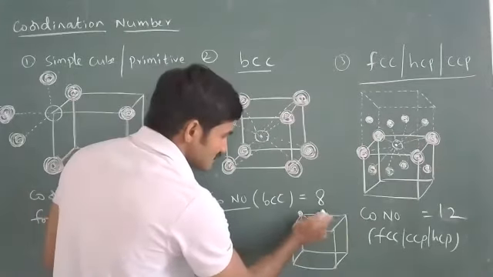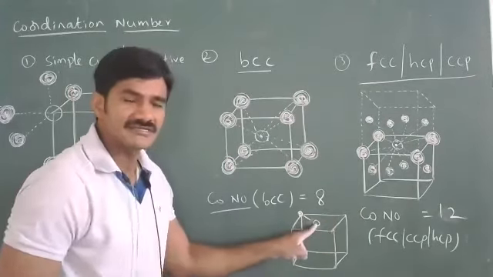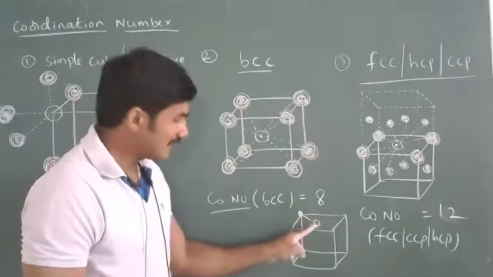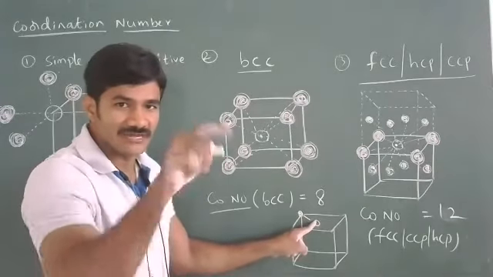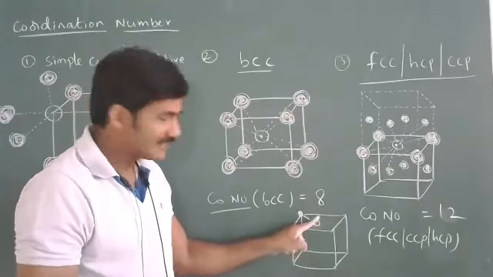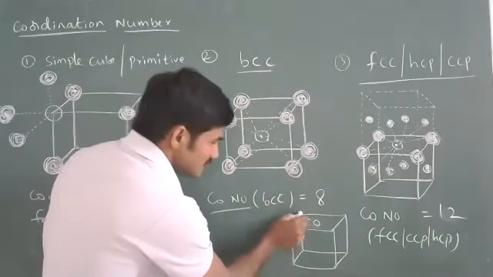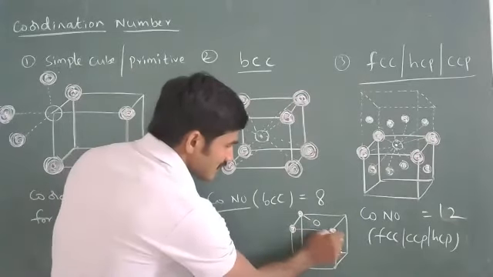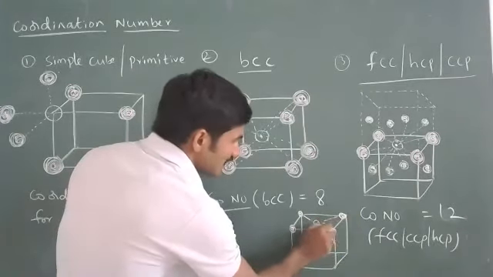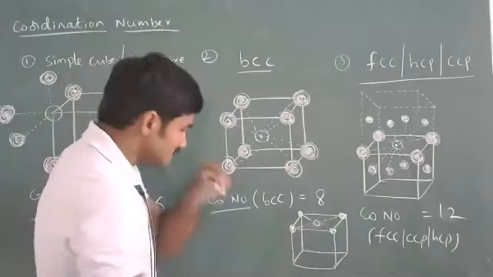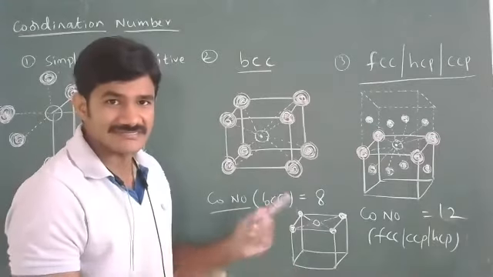The atom present in the face center will touch 4 corners. I repeat once again, the atom present in the face center will touch 4 corners. So this is a corner, this is a corner, this is a corner, and this is a corner. These 4 corners are touched by this. And not only corners, it will touch adjacent faces also. Adjacent, not opposite faces.